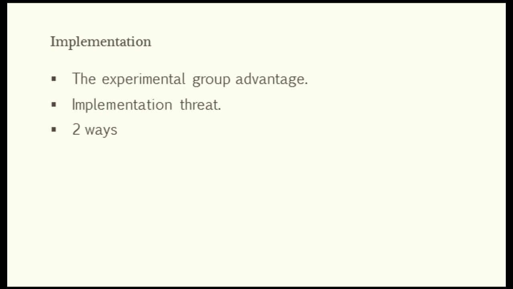Or the opposite, let's say that they think his intervention is silly and isn't going to work, and they don't implement it the way that it was intended, or they don't take it very seriously. So either of these situations could easily influence the overall outcome because of the way it was implemented, not necessarily because of the intervention itself.